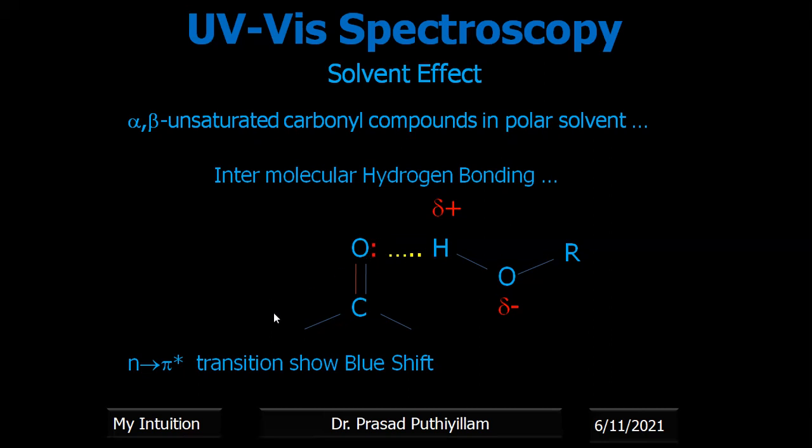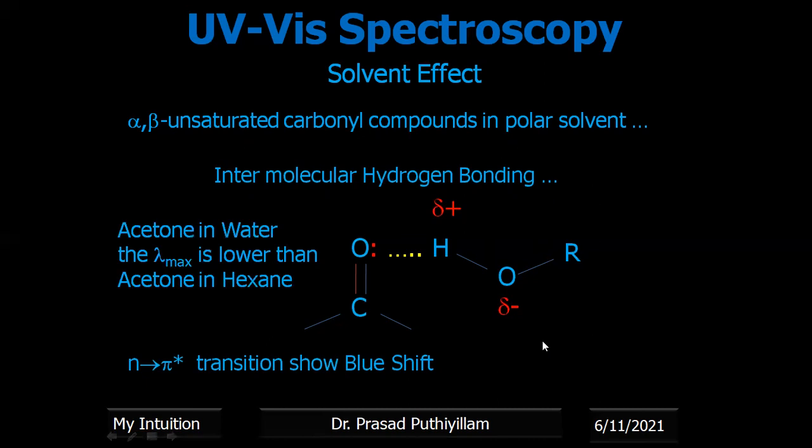Therefore, it needs higher energy. Higher energy means lower wavelength. Lower wavelength means blue shift. That means because of the presence of this polar solvent, this n to pi star transition requires higher energy, or lower wavelength. Lower wavelength absorption we call a blue shift. So, compared to the expected alpha beta carbonyl compound spectral peak, if the solvent is polar, it will show a blue shift.